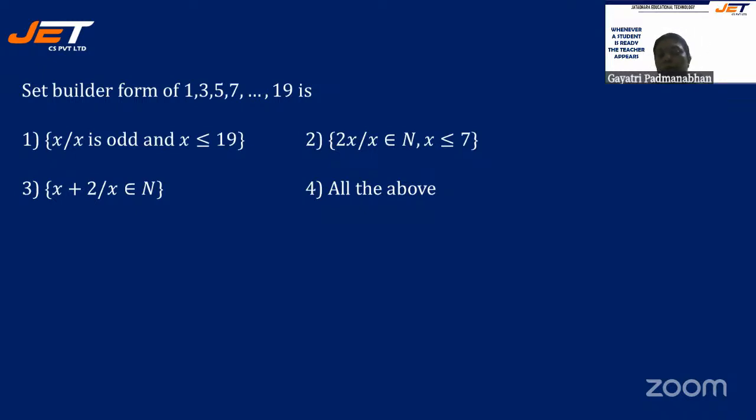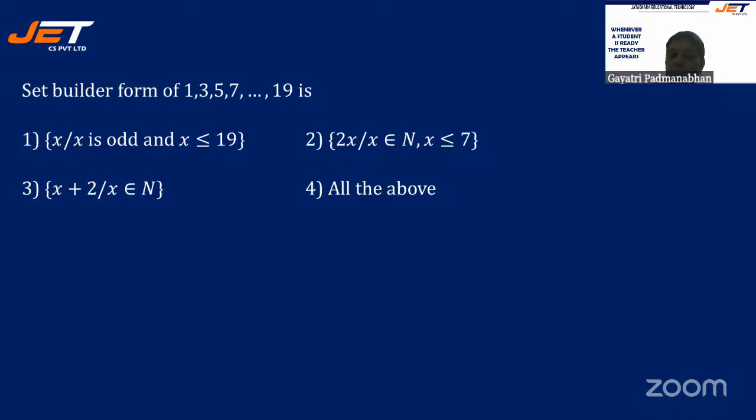See the next question. Set builder form of 1, 3, 5, 7 and so on till 19 is dash. Option 1: x such that x is odd and x is less than or equal to 19. The second option: 2x such that x is an element of N and x is less than or equal to 7.